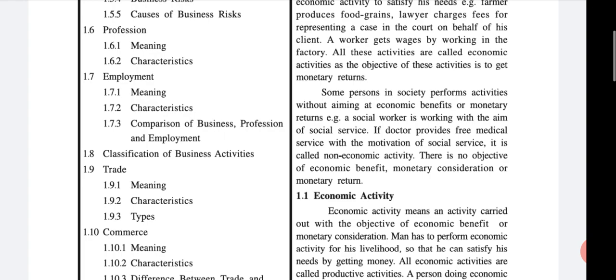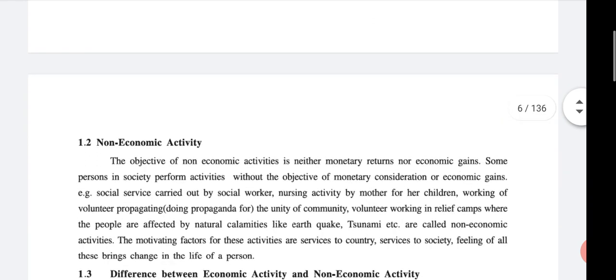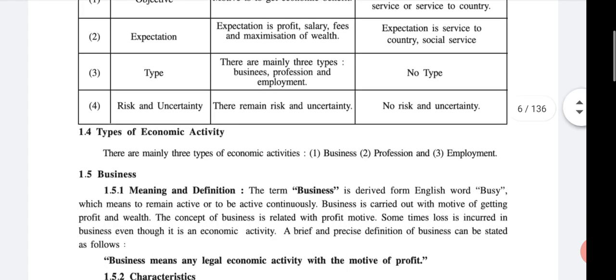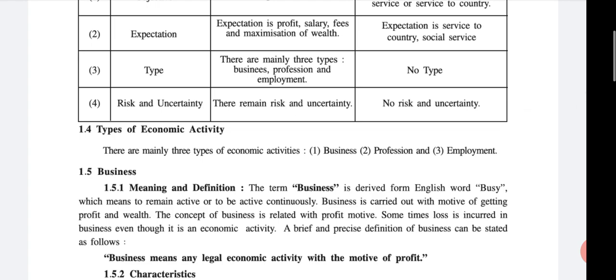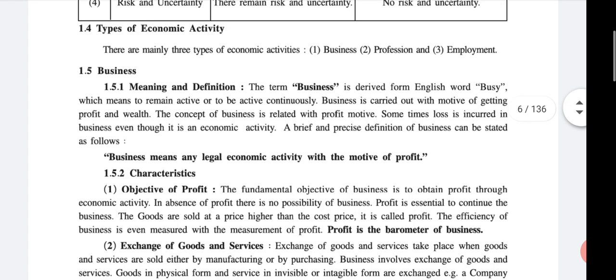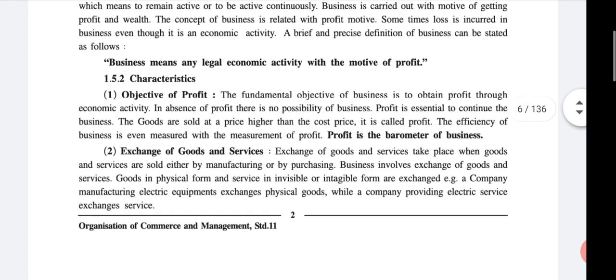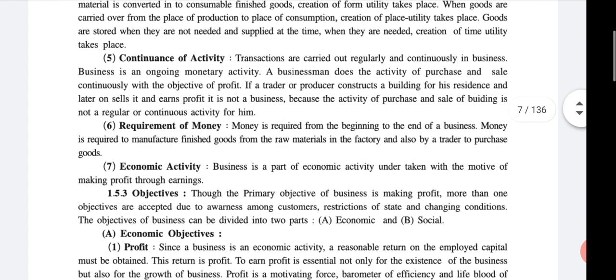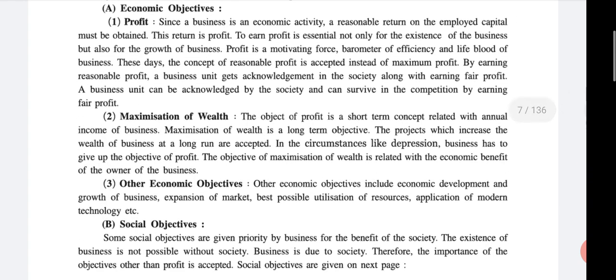First, you write the definition of economic activity, then non-economic activity, then points of difference of economic and non-economic, then only the names of types: business, profession, and employment, then definition of business, then head points of characteristics only, then business objectives head points, then business risk head points. Like this, all the topics of this chapter are covered in your head points book.